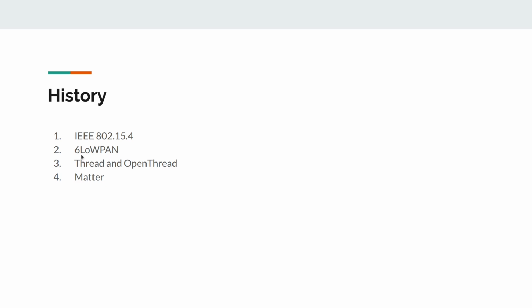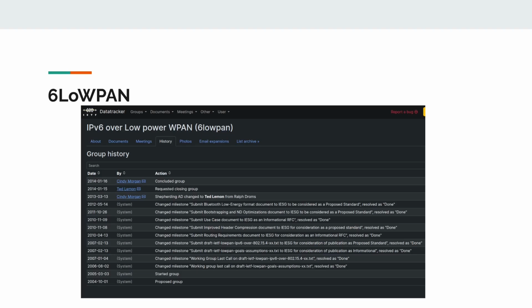It includes some frame compression and some fragmentation, basically breaking IPv6 packets into small pieces and things like that, to enable IPv6 communication over IEEE 802.15.4. And 6LoWPAN was a working group from the IETF.